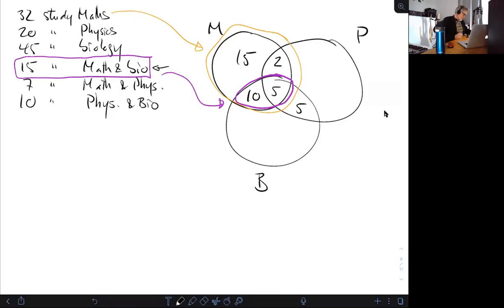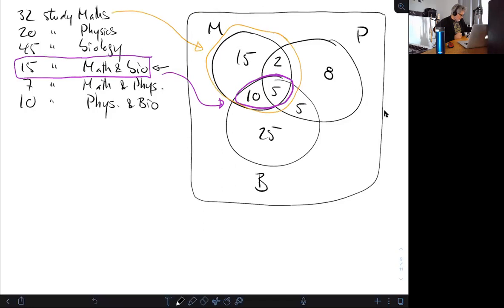And for physics, I've got 12 already placed there, but a total of 20, so that gives me 8 over here. And then 20 already in biology, total of 45, so that's 25 that study only biology. And I had originally 30 students not studying any of these 3.